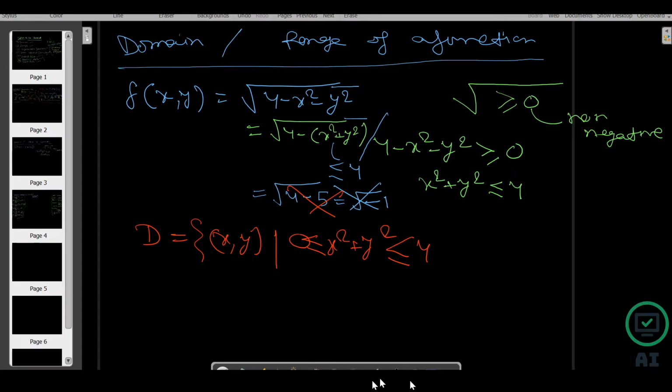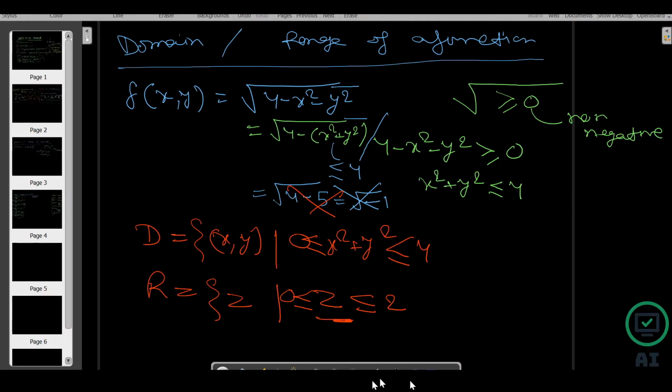What is the range of this particular function? Z. So z less than or equal to 2 and greater than or equal to 0. This particular function will always produce values in this range. So x square plus y square is less than or equal to 4 and greater than or equal to 0.